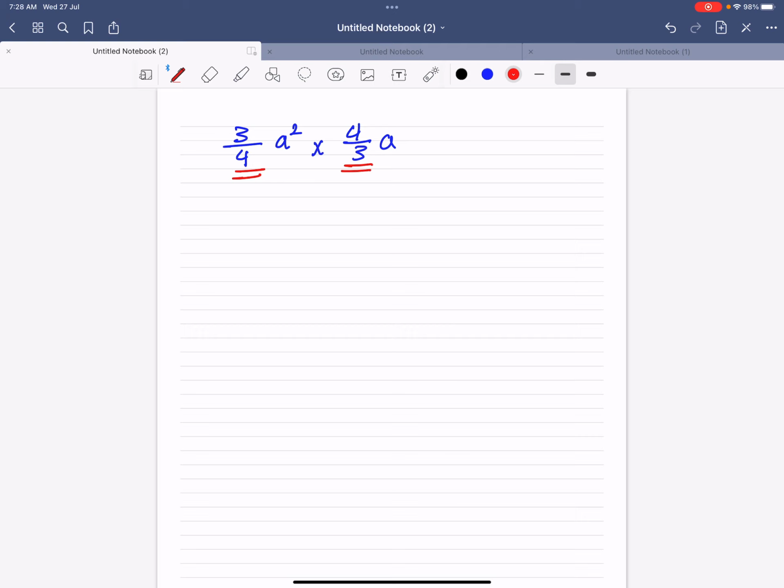We got 4 up and 4 down, so they cancel each other out. 3 up and 3 down, so they cancel each other out, so you ended up with just 1. So we can consider 3/4 as the multiplicative inverse of 4/3. What about a power 2 and a? So you have to add up these exponents together. The first one is raised to the power 2, and the second one raised to the power 1, so you will end up with a to the power 3.